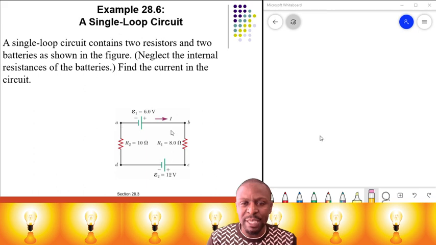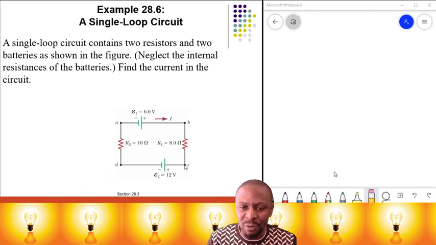Now in this case, when you move from A to B, you see that the change in the potential difference is just going to be positive, because you are moving from the lower to the higher terminal. Therefore, E1 will just be positive. Now, when you are at C, you are just going to have minus IR, because there will be a voltage drop there.